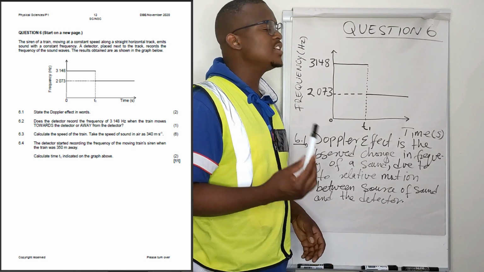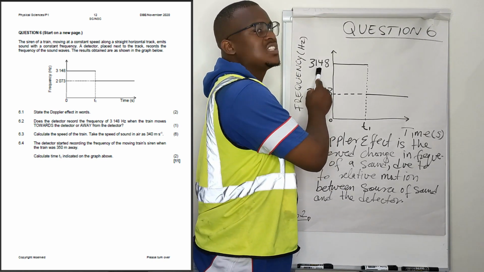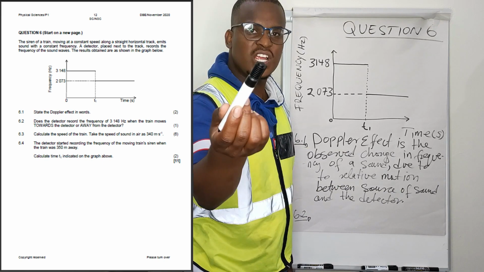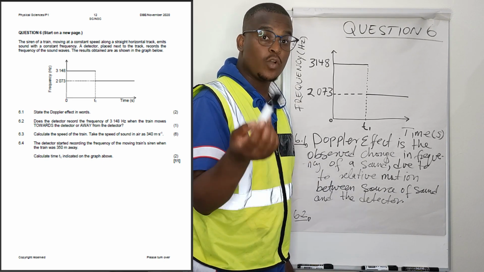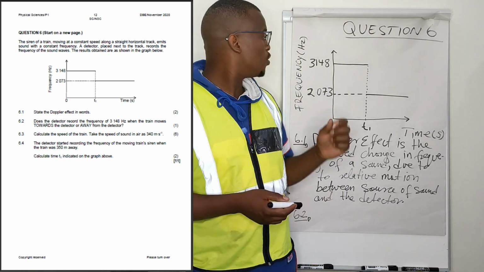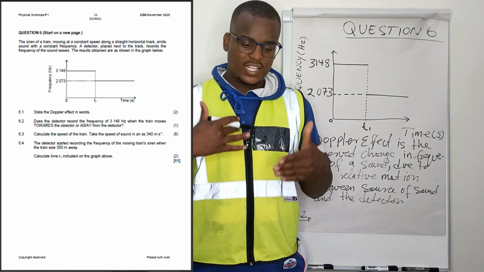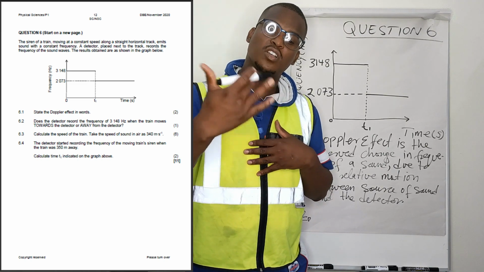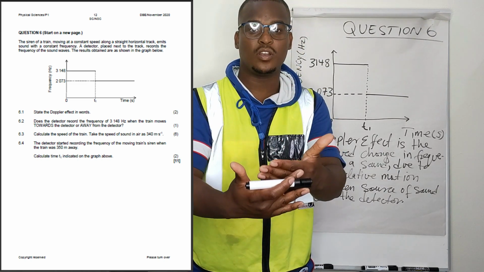So now, they are asking you, does the detector record this frequency, this 3148, as the source is approaching or moving away from the detector? As I said when I was explaining the Doppler effect, for the higher frequency, when the source is approaching the detector, there are more sound waves that reach the detector per second.